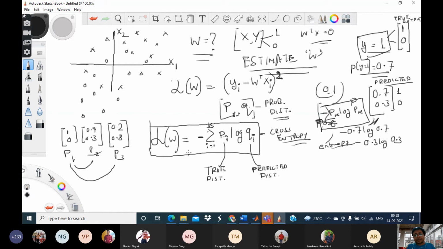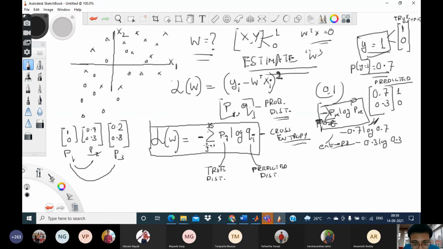So now the question arises, what do I now need to do? I need to select W so as to minimize the total loss function, and that has to be done over all the points in the training set which we are considering. Let me change the notation a bit.